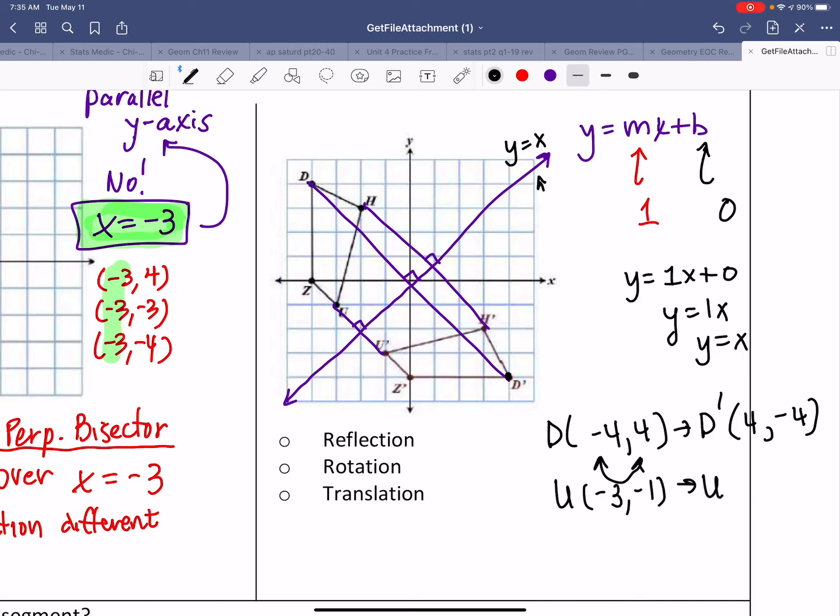If they just swap spots, U prime should be at -1, -3. So U prime is at -1, -3. Yep, this thing definitely reflected over the line y equal x. That's this line right here.